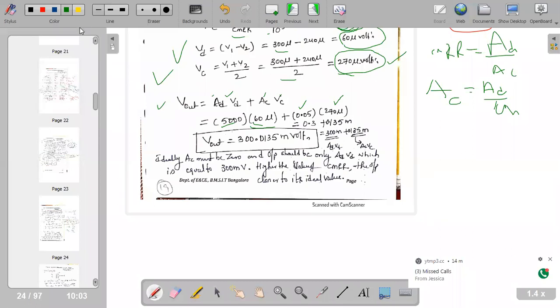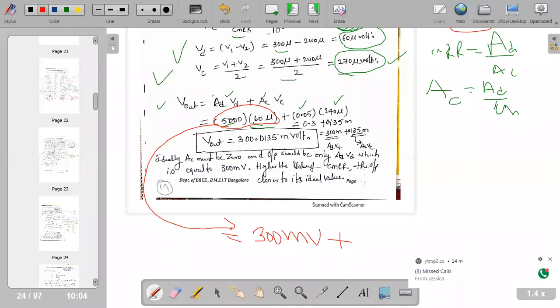From the first term, when you simplify this, we will get here it is 300 millivolt, plus the second term.